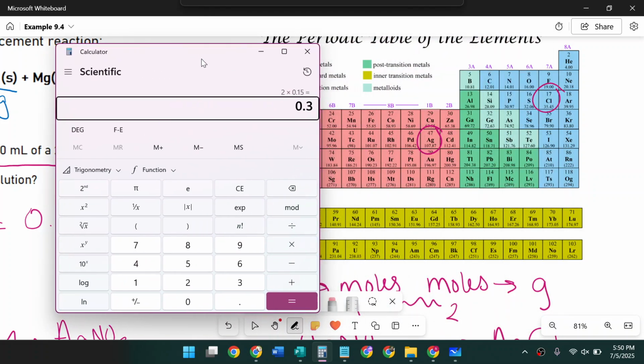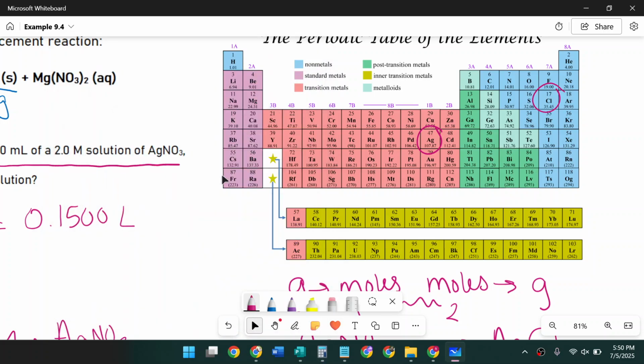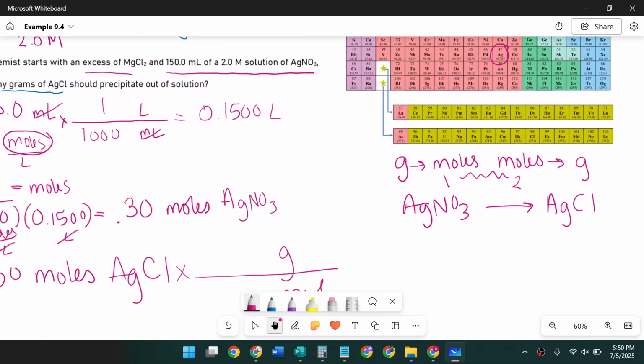Because AgCl has 1 of each, we can just add 107.87 plus 35.45. We get 143.32 AMU. And that number tells us how many grams would make up a mole.